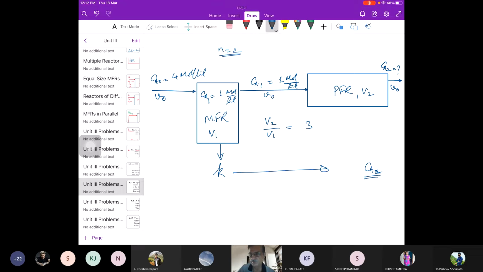This should be easy. The mixed flow reactor equation is very simple, which you already used yesterday. Once you finish the calculation, raise a hand and let me know the value of K.